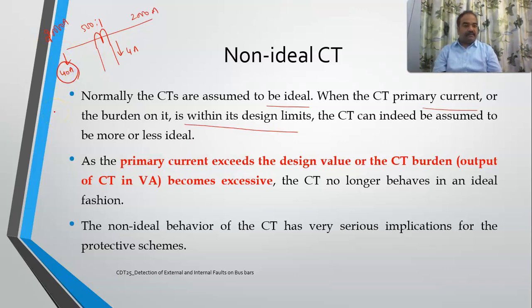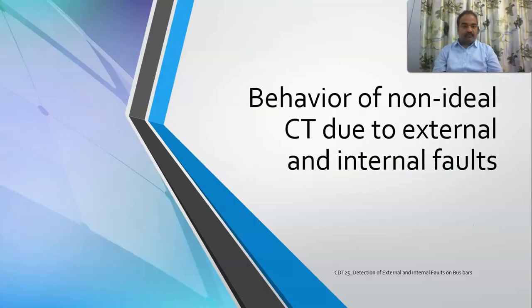In that case, the CT burden may be excessive, and the CT will not act as an ideal transformer, but in fact it acts as a saturated transformer. So instead of getting 40 amperes here, I may get a current which is very low compared to the desired 40 amperes. And this type of behavior has very serious implications in the protective schemes that we will see now.